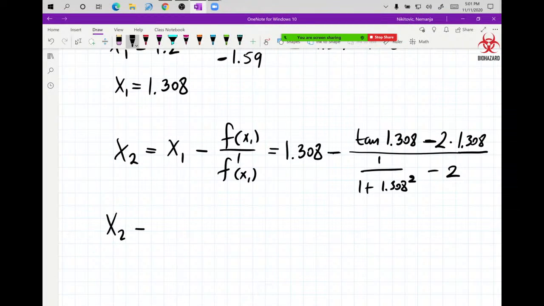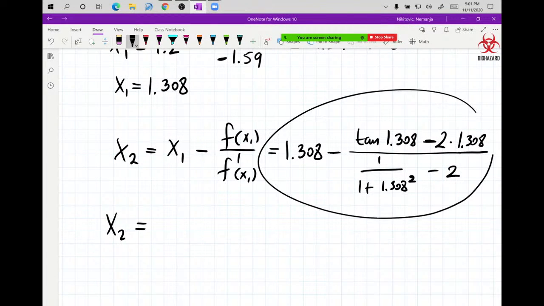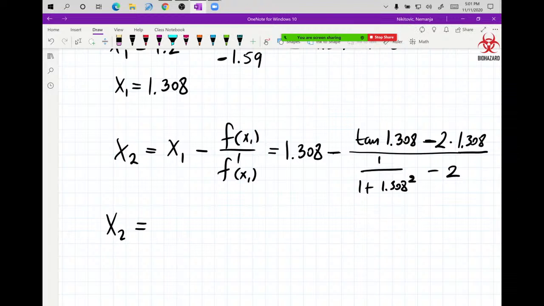So now we calculate this mess. So x2 is going to be all of this. Now I'm going to do that in like 2 shots on a calculator. I'm going to put the entire numerator, which is a tangent of 1.308, close the parenthesis, minus 2.616.